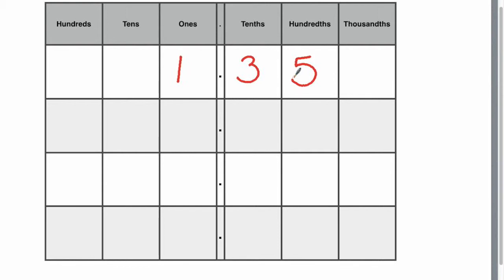How many ones do I have in this number? How many ones? I have 1, right? And then I have 3 tenths and 5 hundredths. How many tenths do I have? Put your markers down, put your lids on them.